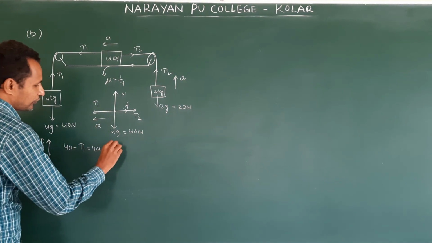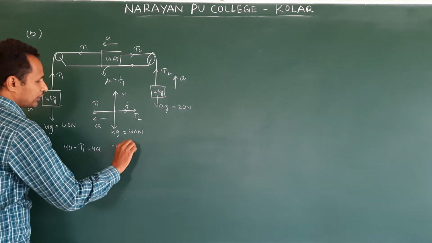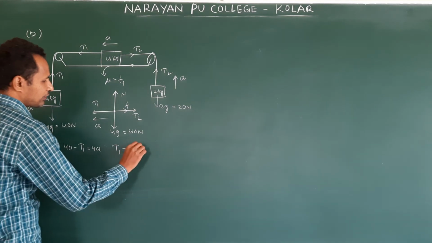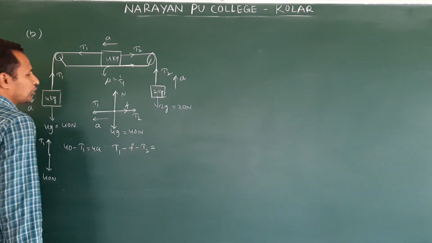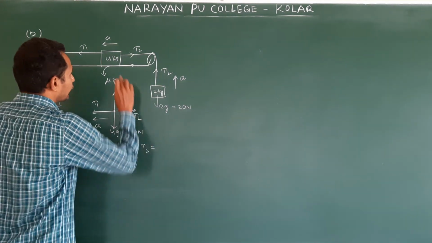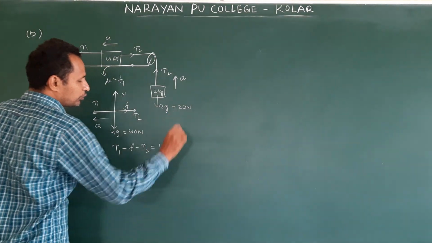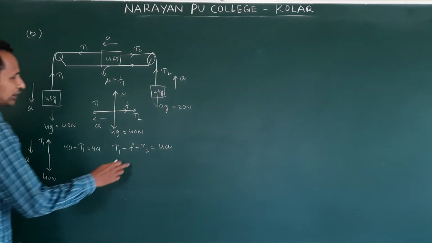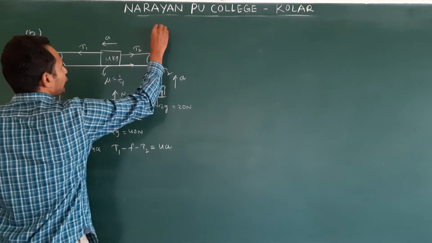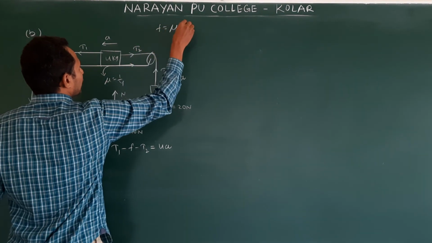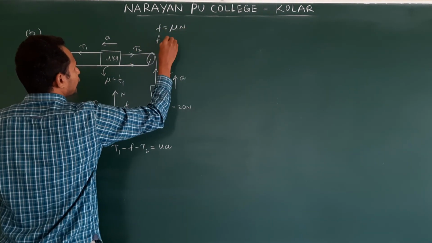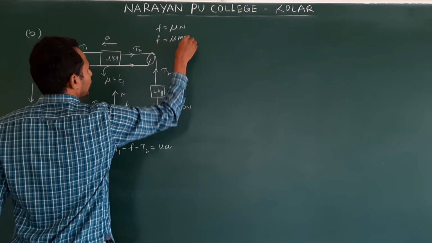So how do you write this equation? T1 minus F minus T2 is equal to mass 4 into A. Friction formula: F is equal to mu into N, so F is equal to mu into mg.